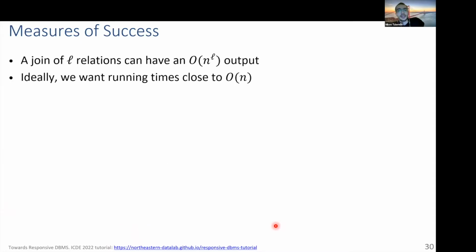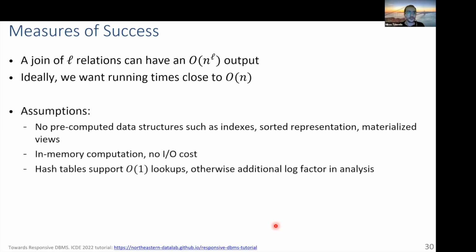Now, if we look at the join of L relations, in general, the size of its output can be n to the power of L asymptotically. But ideally, what we want is running times for all the tasks that we discuss which are closer to the database size, which is linear, order n.